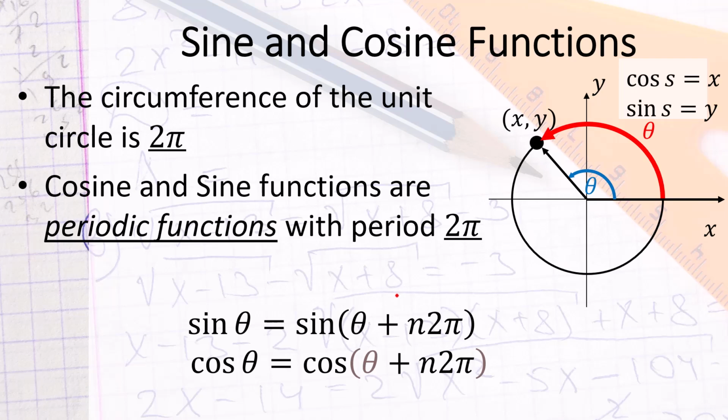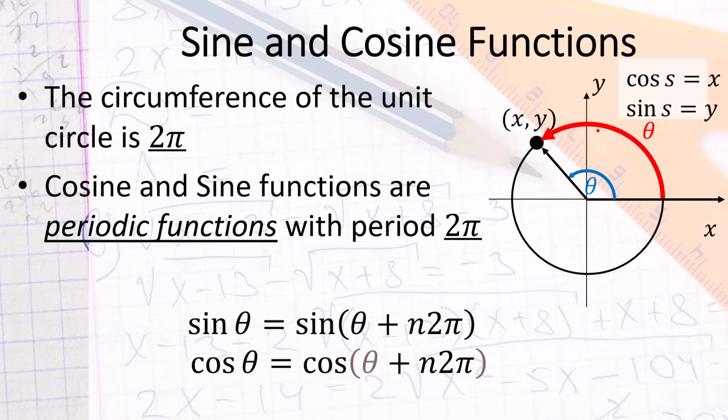Well, it turns out that sine and cosine are periodic functions. Recall that sine is the y value on the unit circle. So as theta increases or decreases, sine is going to travel around this unit circle and then begin to repeat once it's gone through one circumference. Okay, the cosine will do the exact same thing.